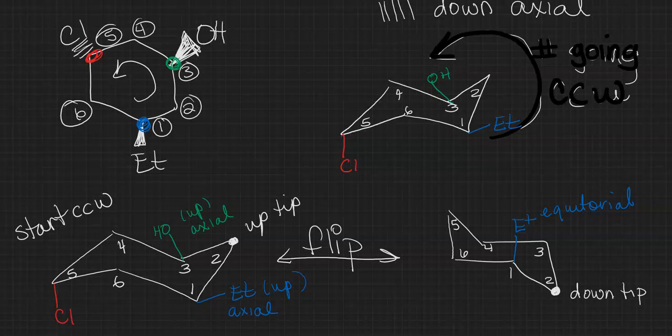So when I draw it again, I'm going to draw it at position 3, and it's going to be up, and it is going to also be equatorial. Because when we flip the ring, axial becomes equatorial, and equatorial becomes axial. And then lastly, I have my chlorine at position 5. And my chlorine is down and in the axial position. So when I draw it, I have to draw it down, and I have to put it in the equatorial position.